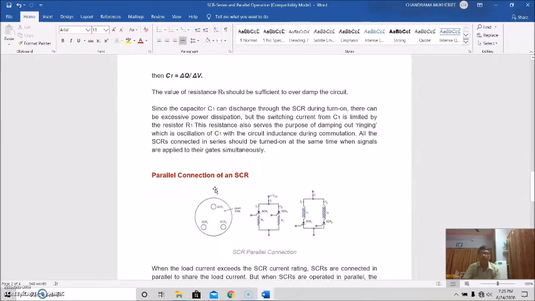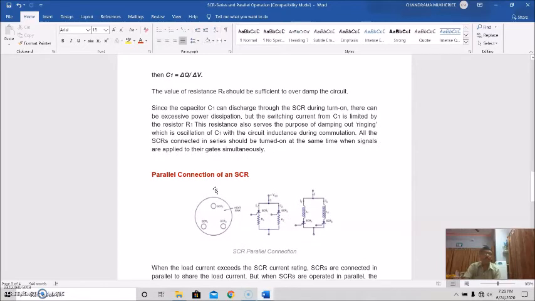Since the capacitor C1 can discharge through the SCR during turn on, there can be excessive power dissipation, but the switching current from C1 is limited by the resistor R1. This resistance also serves the purpose of damping out ringing, which is oscillation of C1 with the circuit inductance during commutation. So all the SCRs connected in series should be turned on at the same time when signals are applied to their gates simultaneously.